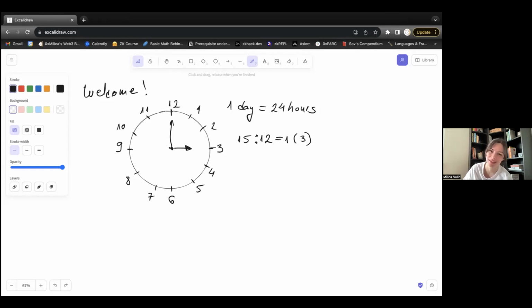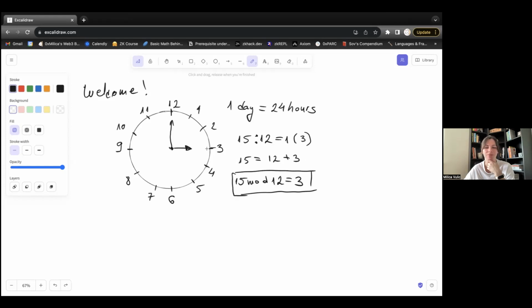So you can tell that 15 is equal to 12 plus 3, and that would be perfectly fine. And if you do the modulus, it will always be this result. So we can say 15 modulus 12 is 3. This one says basically the same as the upper one.